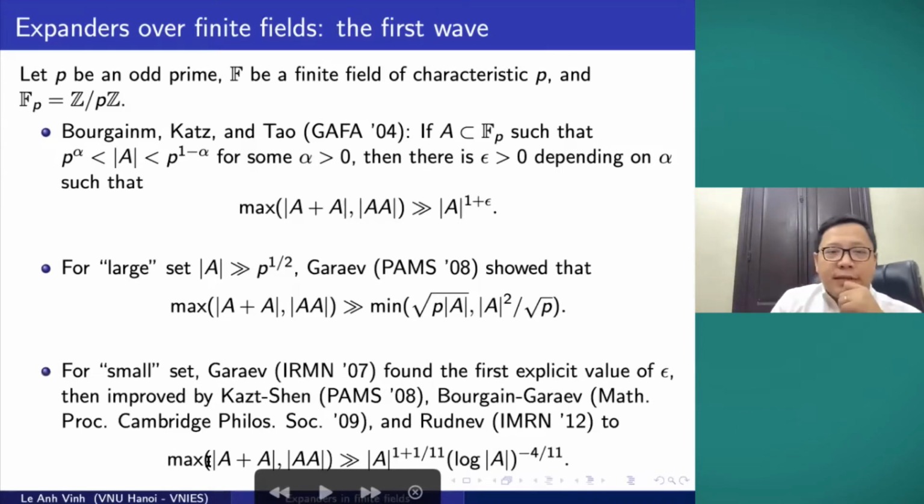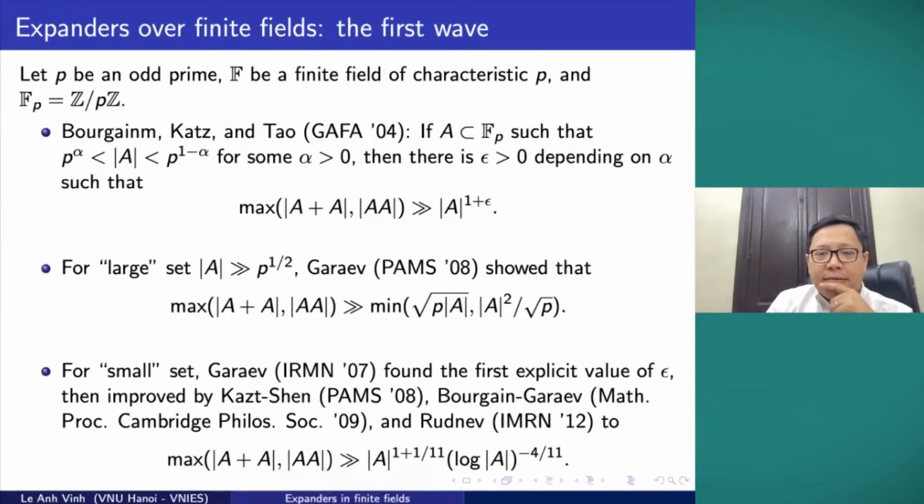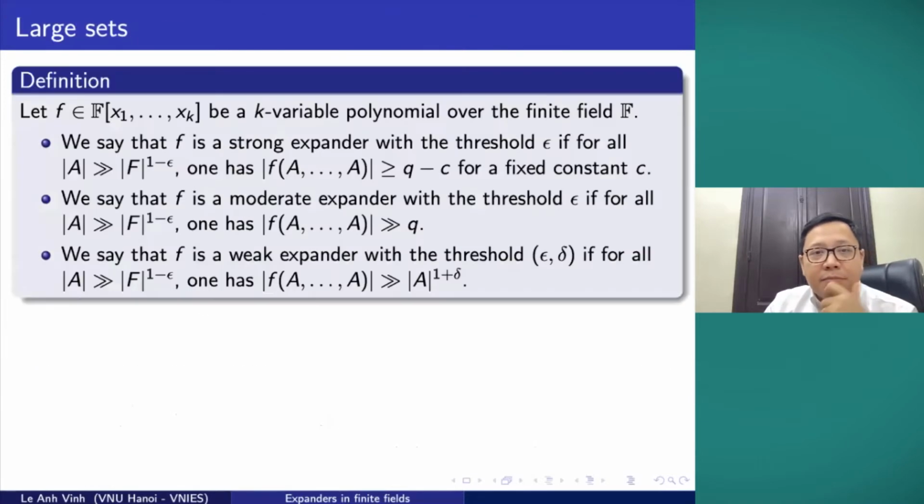And for small sets, there are several results by Garaev, Katz and Tao, Bourgain, Garaev, and Rudnev. And the most recent result is that the maximum of the sum and product sets is much larger than A to the power 1 plus 1 over 11. So you can see epsilon will be 1 over 11 in this case. Okay, and some general results.